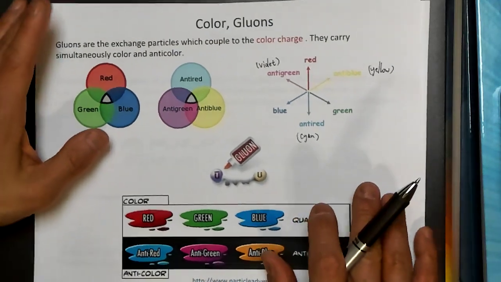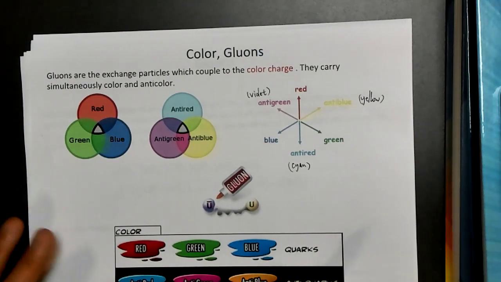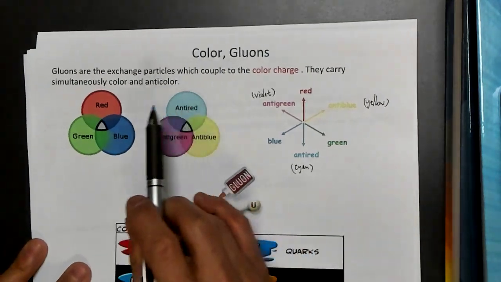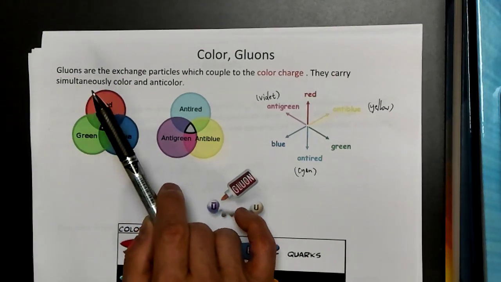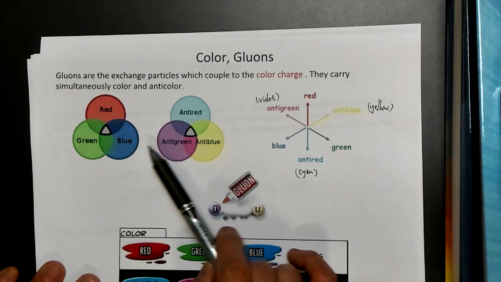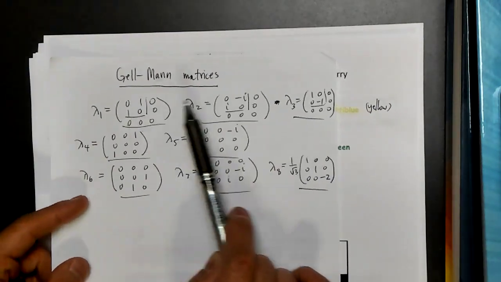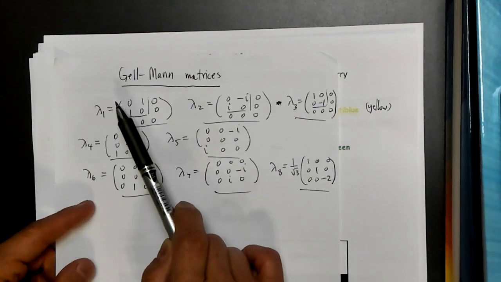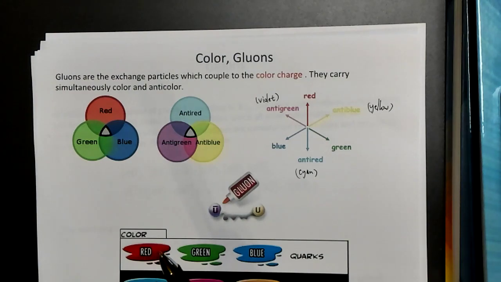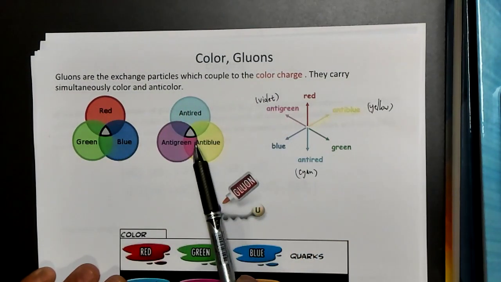I know that was a long build-up to explain what's going on here. We can think of the gluons as carrying color, but as some combination of one of the colors and then taking away one of the colors. It's going to exchange red and green, so you take away, let's say, green, and then you add a red. So you can think of a gluon as having a color and an anticolor.